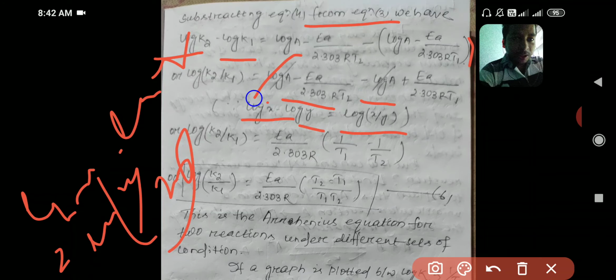Log A and minus log A cancel each other out, and the remaining equation is log k2 by k1 is equal to Ea by 2.303 R whole over. If we take Ea by 2.303 R common, the remaining factor will be 1 by T1, because the positive sign is at the T1 side. So 1 by T1 minus 1 by T2, or log k2 by k1 is equal to Ea by 2.303 R into, taking LCM, T2 minus T1 by T1 T2.